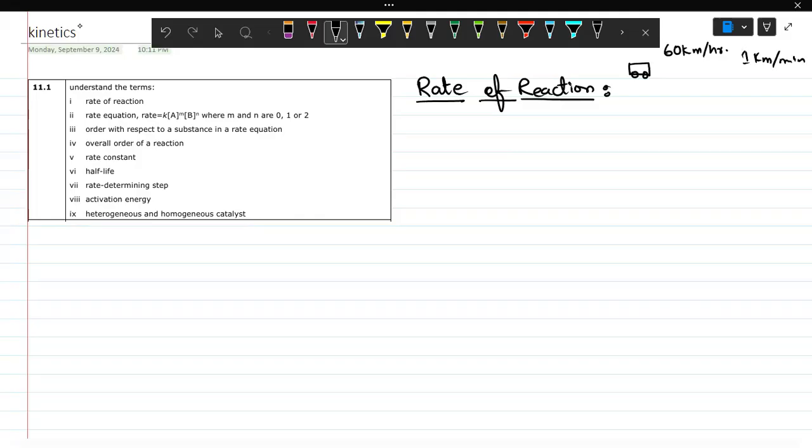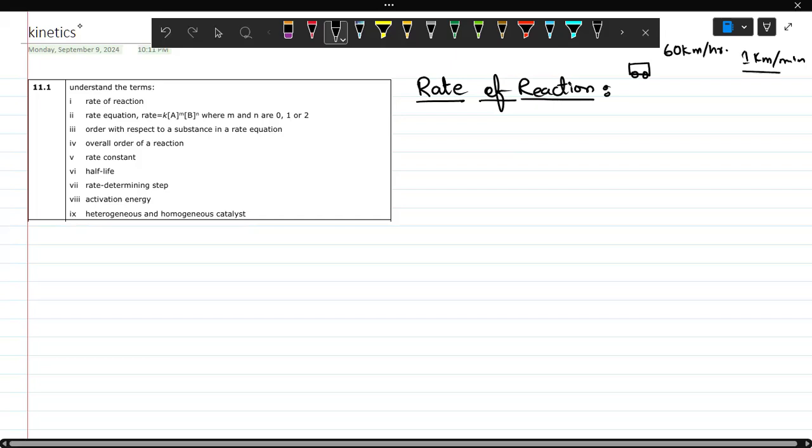We always consider seconds as the smallest unit of time, and we consider reactions and all aspects in seconds, but in this example, going to seconds would give an irrational value. So that's why I'm saying 1 kilometer per minute. It is basically the speed of this car for moving.